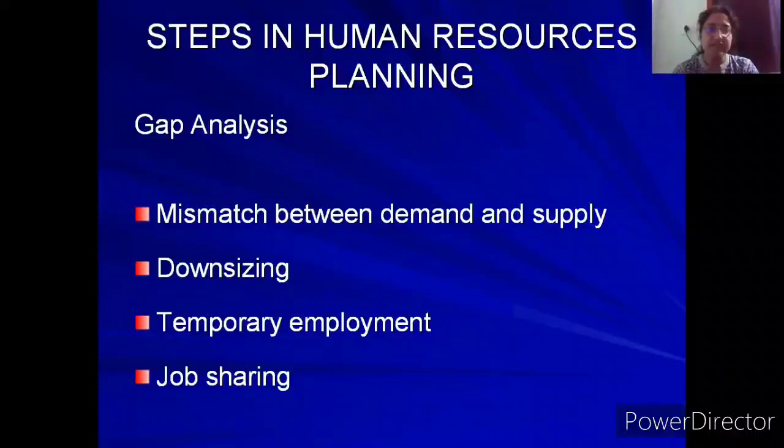Based on demand forecasting and supply forecasting, we will come to a conclusion. Now, what is that conclusion? We will either understand that the demand is more and the supply is less, which means there are many vacant positions and there are very few skill sets outside from which we can appoint to the vacant position. Now, there is another situation which can arise: a situation where the supply is more and the demand is less.